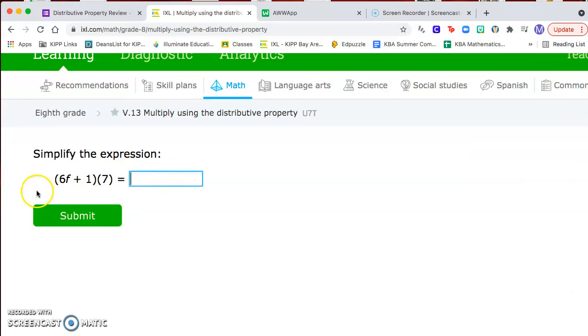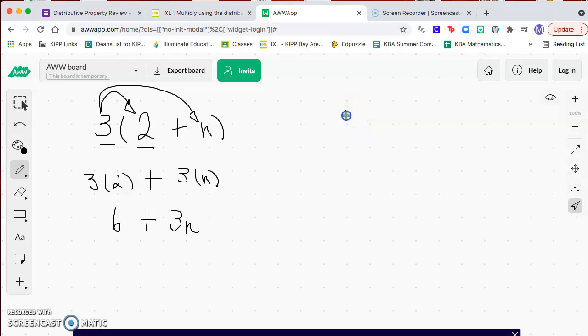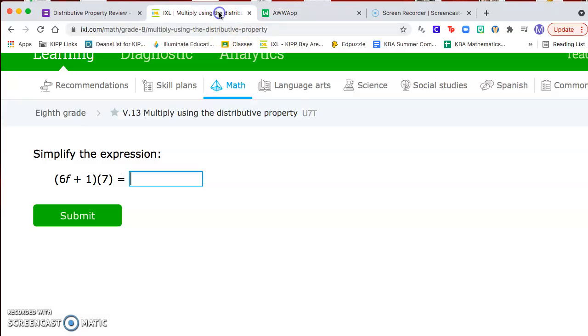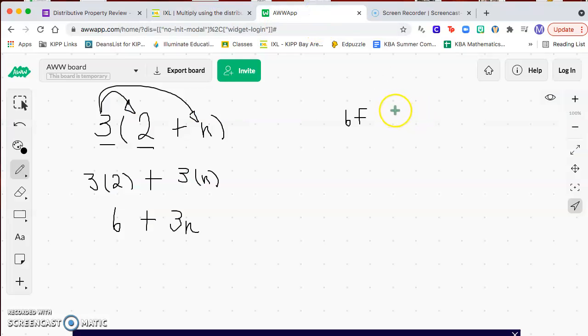Even if the order is a little bit different, so for example here you have 6f plus 1 times 7. Just because the 7 is on the other side doesn't change anything. Like, you could still multiply.